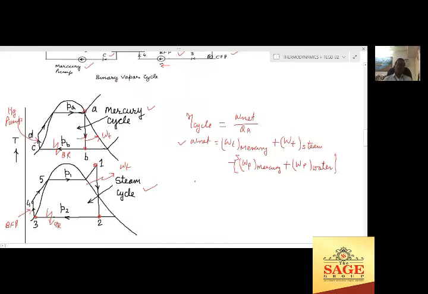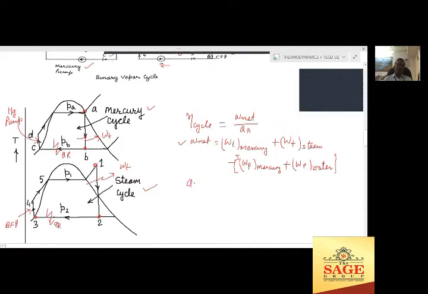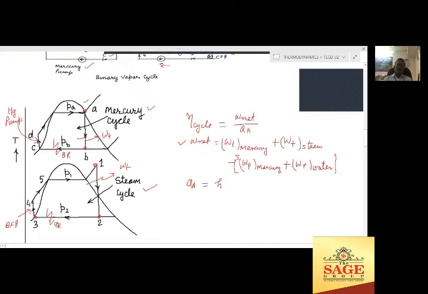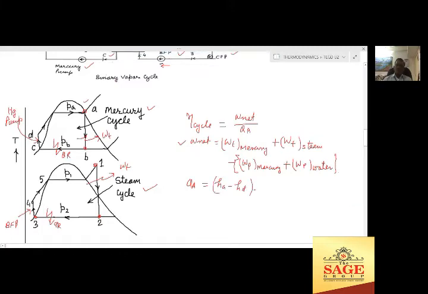What about the heat added? That is QA. Heat addition is done in the mercury boiler, so it is HA minus HD for the mercury.